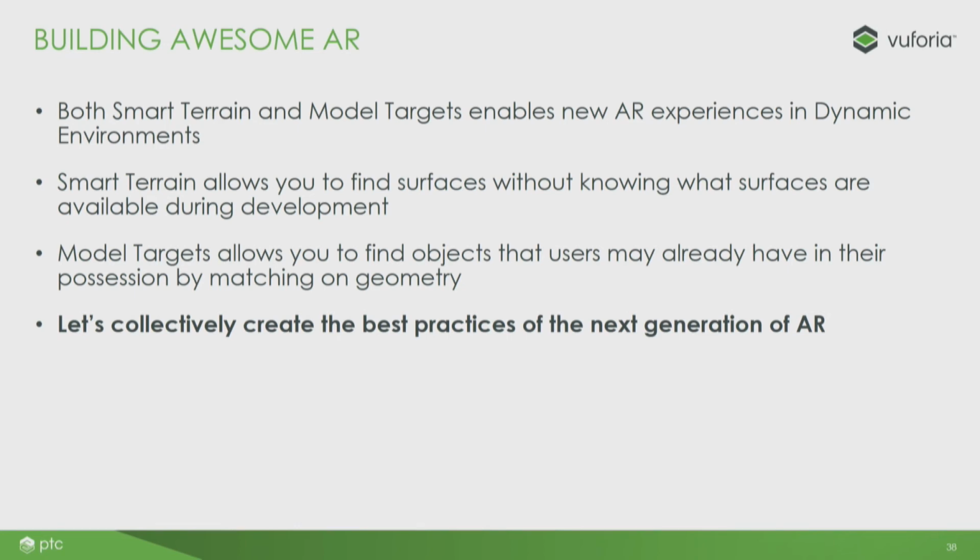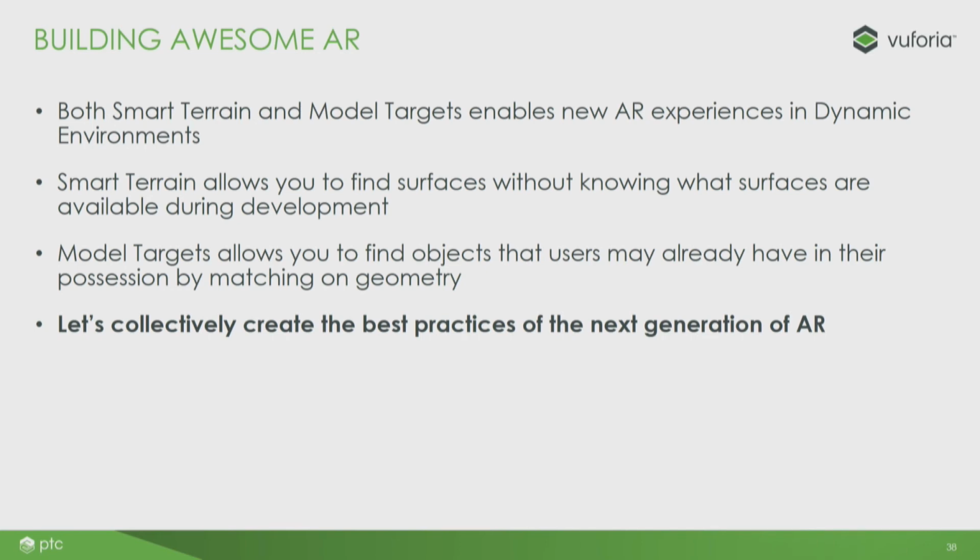And likewise, with model targets, we can leverage existing content. We can leverage existing 3D models and CAD models. So in both of these cases, it allows us to be dynamic in the sense that we can create content now that we didn't necessarily think of at the time we were creating our original objects.